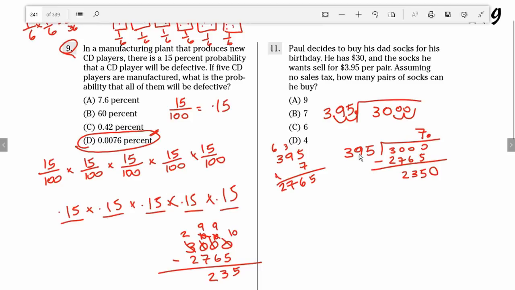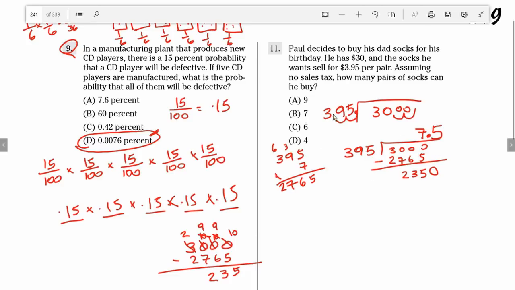Now the question is, how many times does 395 go into 2,350? Again, think about this as 400. 400 times 6 would give you 2,400, which would be too big. 400 times 5 would get you 20, which is pretty close. So this would actually be 7.5.